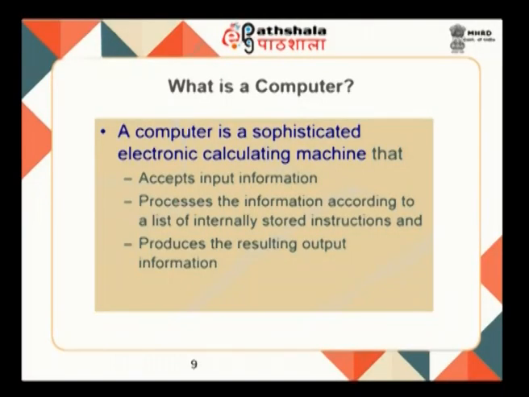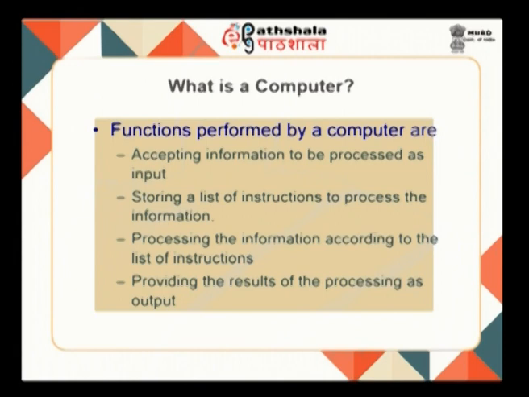Now, what is a computer? By definition, a computer is a sophisticated electronic calculating machine that accepts input information. It processes the information according to a list of externally stored instructions and finally produces the resulting output information.